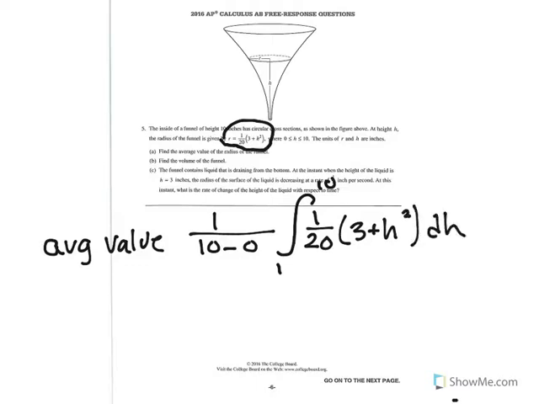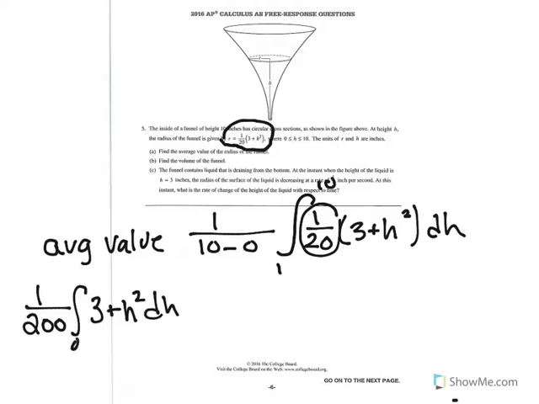When I solve this, the first thing I'm going to do is take out the 1/20th. So I've got 1 over 10 times 1 over 20. That's 1 over 200, the integral of 3 plus h squared dh from 0 to 10.